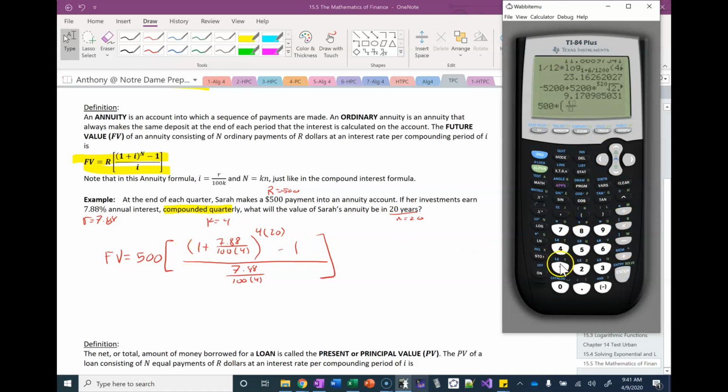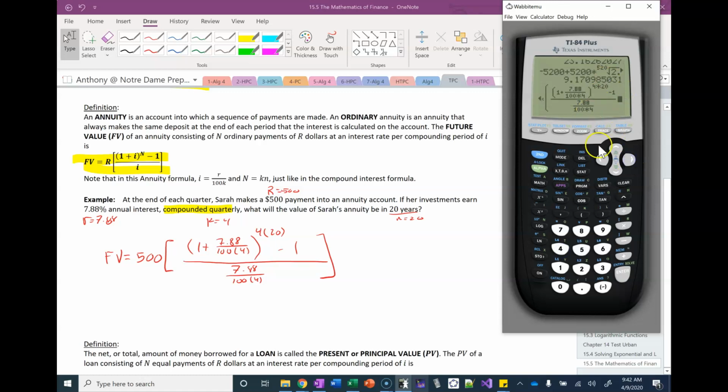Then I have 1 plus, and I need another fraction for this little one: alpha y equals, n over d, 7.88 over 100 times 4.